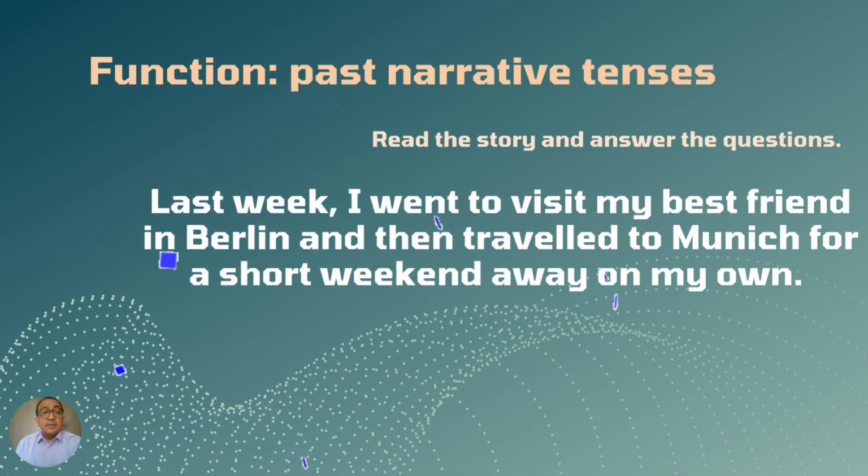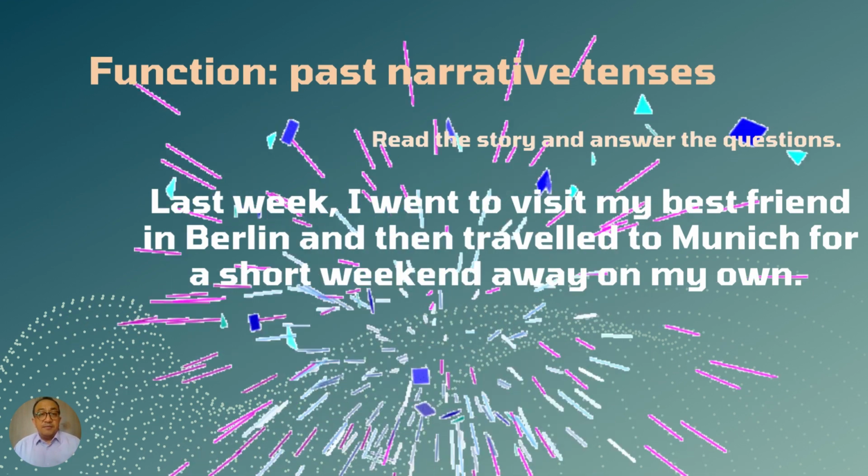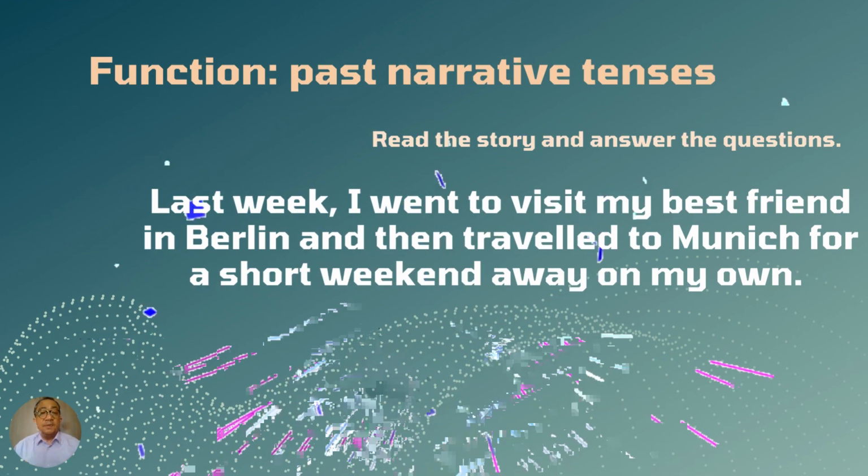While reading this, there's the context of the sentence to show that it happened last week. And what's the first one? I was in Berlin, and after that, the second action is in Munich, and all of them happened just last week.